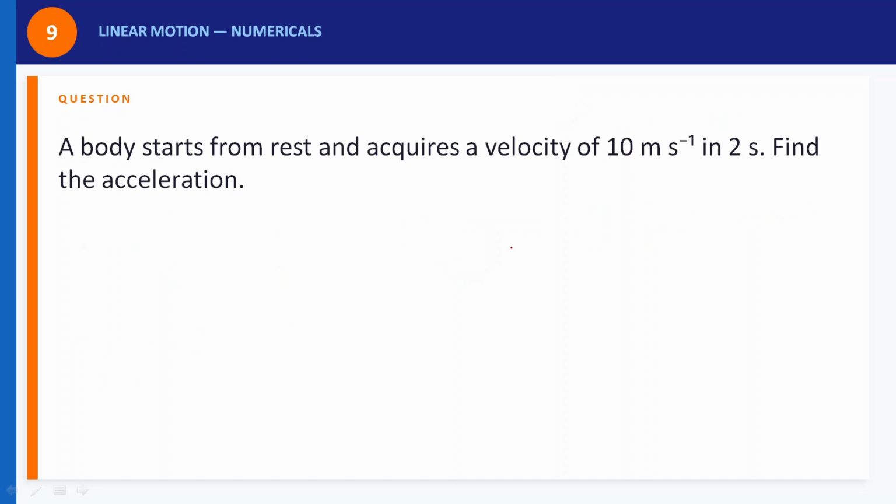A body starts from rest and acquires a velocity of 10 meter per second in 2 seconds. Find the acceleration. Start from rest, its initial velocity u equal to 0. Acquires a velocity, it is equal to final velocity. Of course, this is the time. We need to find the acceleration. Acceleration formula we have a equal to v minus u by t.